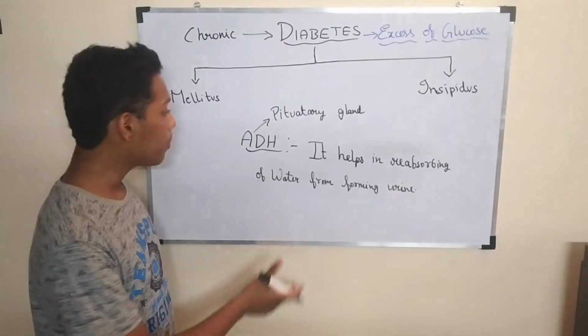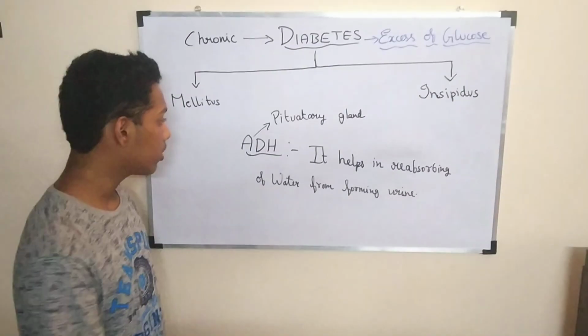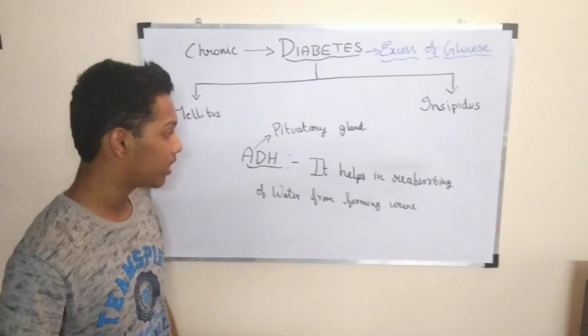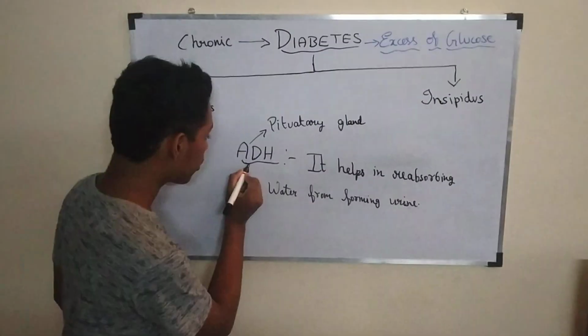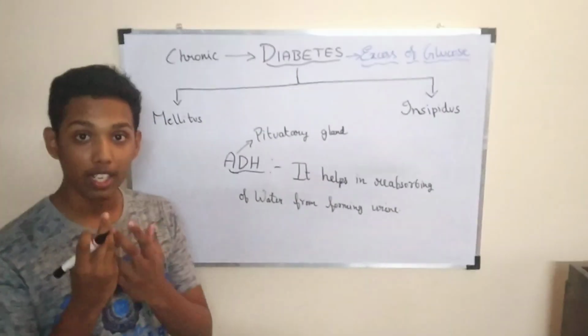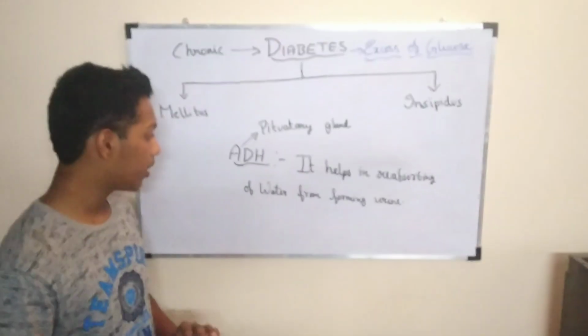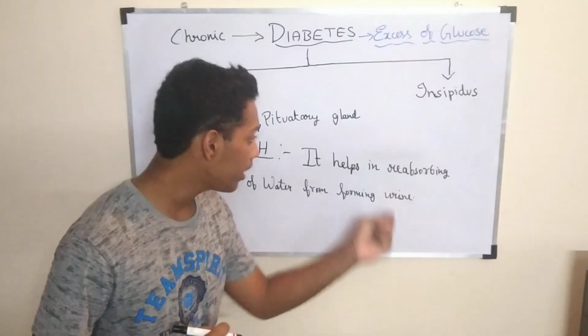Those people who do not have ADH hormone would suffer these types of symptoms. So ADH hormone plays a major role here. If you don't have it, you keep on drinking, you feel more thirsty continuously. It won't keep you hydrated, right?